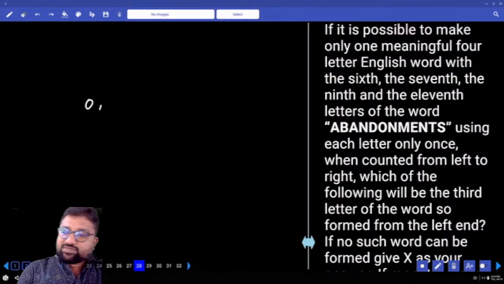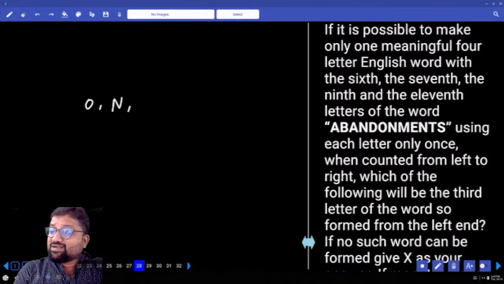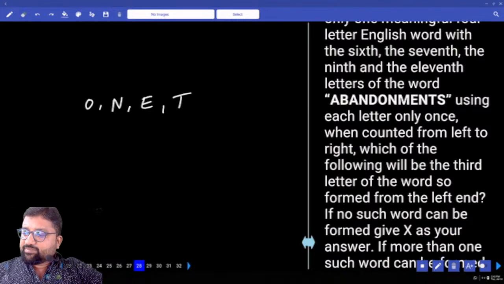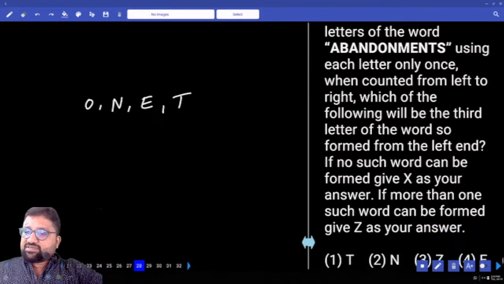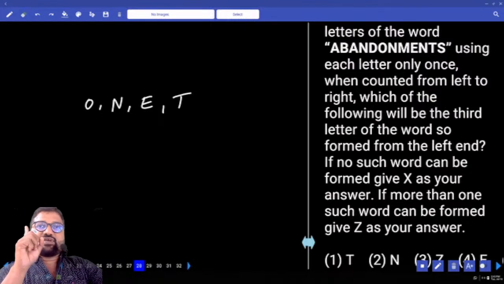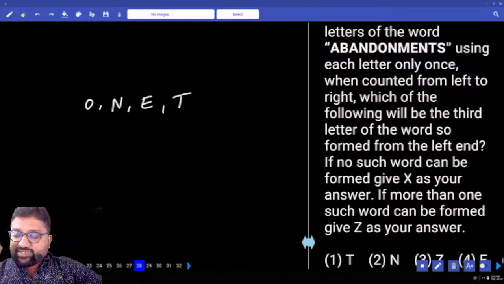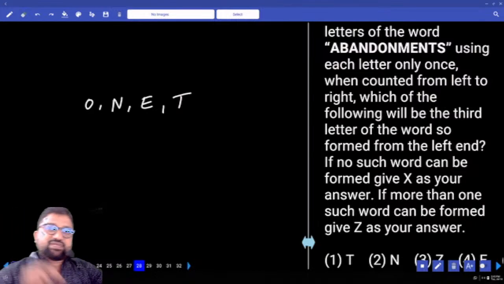Then the seventh, then T. Of the word abandonments, using each letter only once when counted from left to right, which of the following will be the third letter of the word so formed from the left hand? If only one meaningful word can be formed, give the third letter from the left. If no such word can be formed, give your answer as X. If more than one such word can be found, mark your answer as Z.